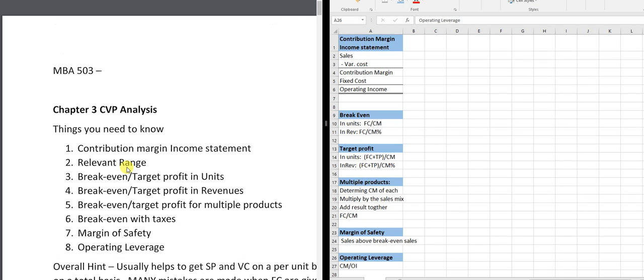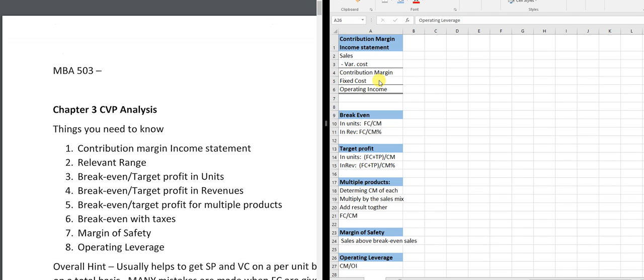Also in that same problem, our cost per gumball was 40 cents if I made up to 4,500, but once I made above that, the variable cost went down to 36 cents each. So the relevant range is important because there are several assumptions in all of this, and one is that your fixed costs in total will stay the same.